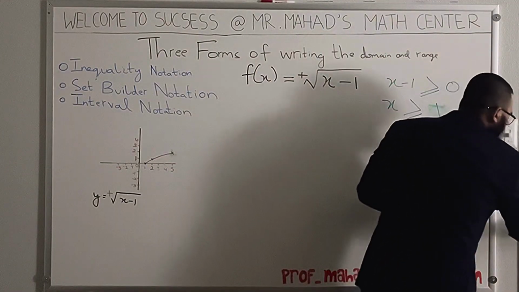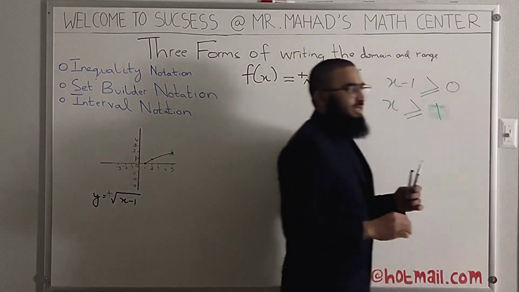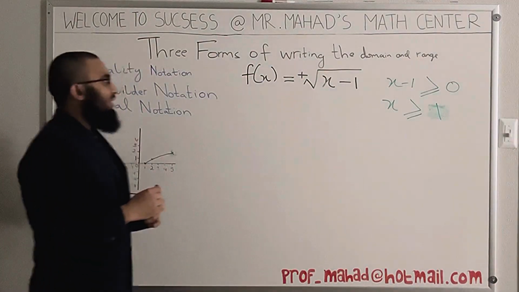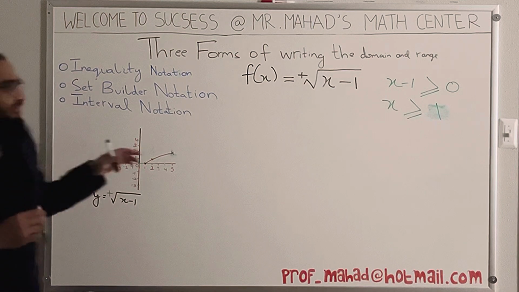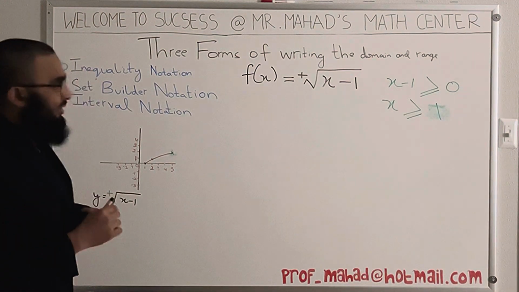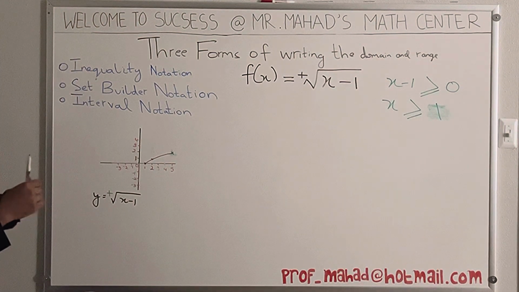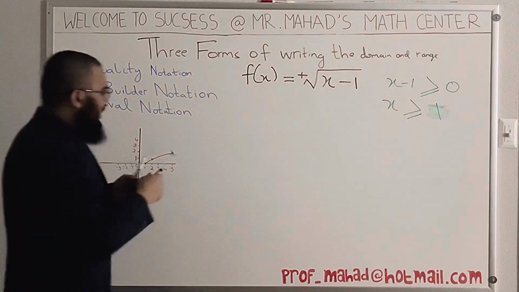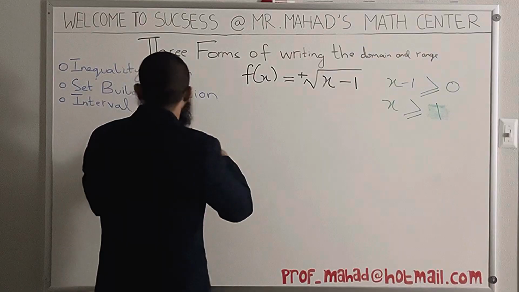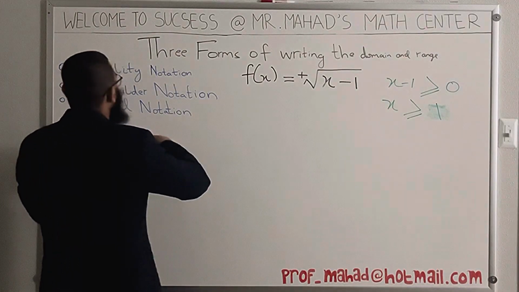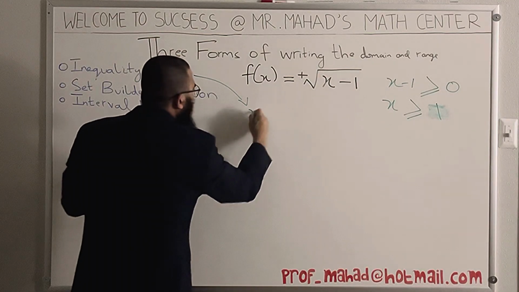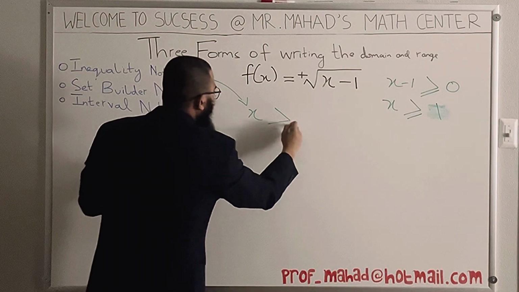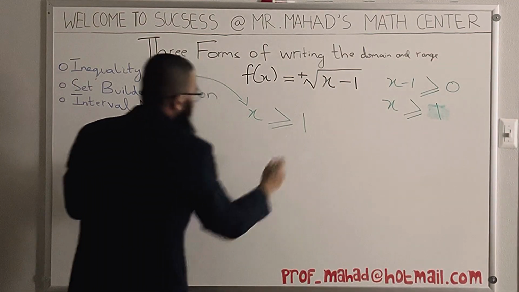Now let's come to how to present these things in three different forms. I know that the domain here is x is greater than or equal to 1. So let's look at the inequality notation. If I write it in inequality notation, I write x is greater than or equal to 1.